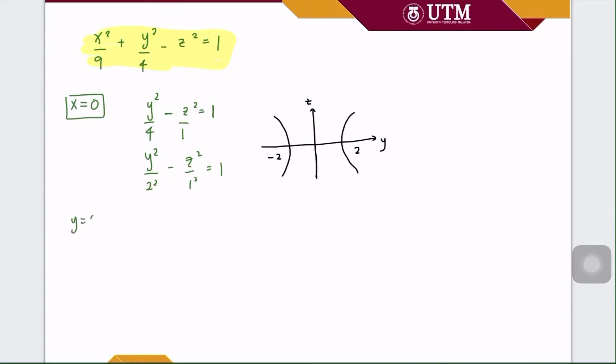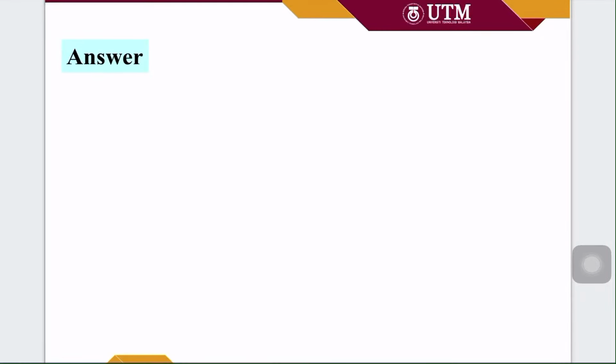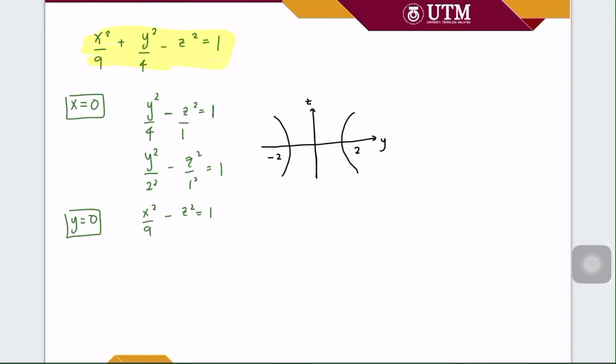Next we look at y equal to 0, the next trace. So x squared over 9 minus z squared equals 1. Same as before, this is x squared over 3 squared minus z squared over 1 squared equals 1.